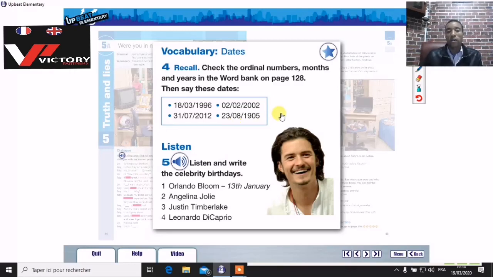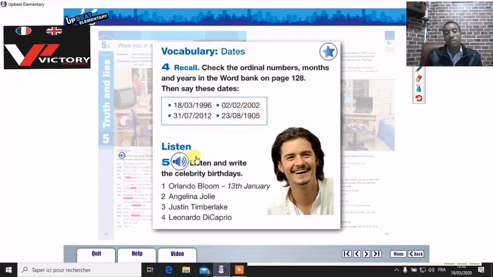So these are the examples that we have to learn to say in different ways.